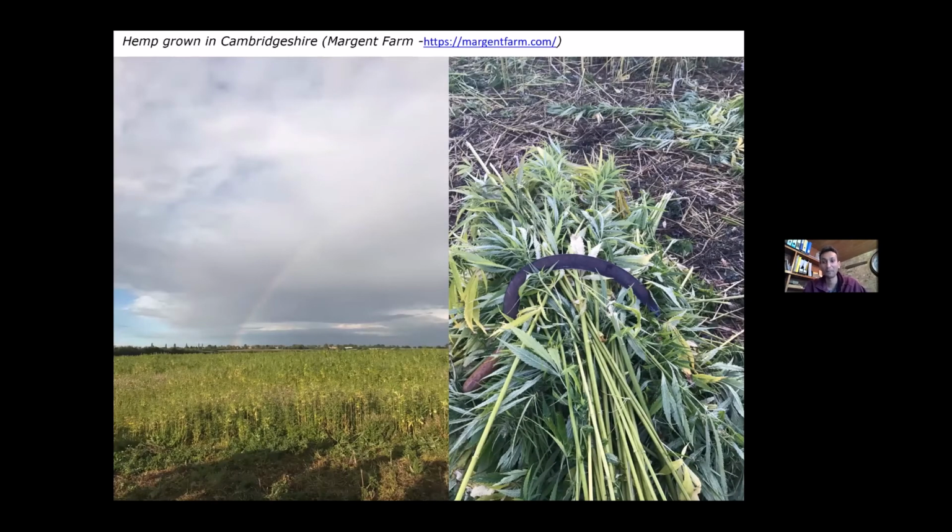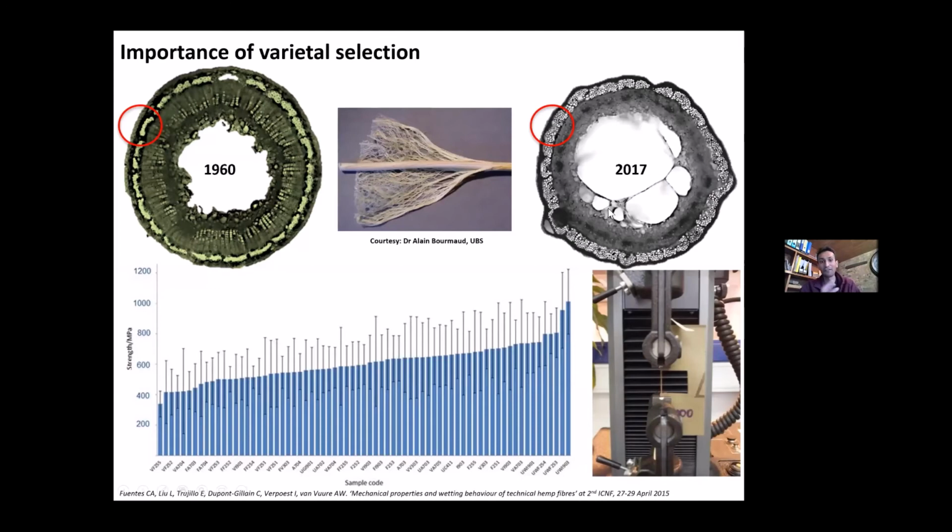Here are some pictures of hemp that is grown in the UK, that we have been using more recently. And just to give you a flavor of how hemp and flax plant fiber varieties have evolved over centuries or decades even, here you can see the stalk of hemp in 1960, and in 2017, you can see the amount of fiber yield has increased, and also the impact of the variety and the region of growth from either Italy, France, Poland, or UK, and the climatic conditions on the properties of the fibers that you can get.